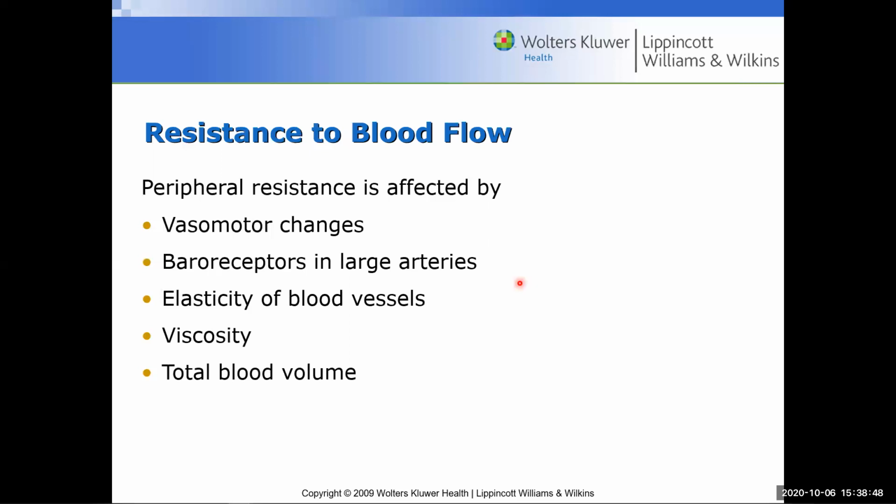The things known for influencing resistance to blood flow are the baroreceptors, or pressure receptors in large arteries, and the elasticity of the blood vessels themselves. The blood vessels contain elastin, and they have the ability to extend, but most critically, return to their original size once pressure normalization occurs.